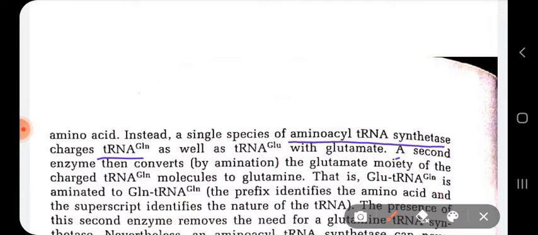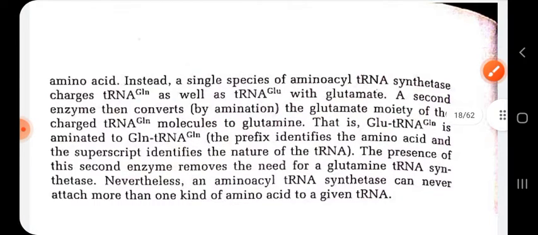Then a second enzyme comes which converts that glutamate moiety of the charged tRNA into glutamine. In this way, your tRNA becomes charged with glutamine.